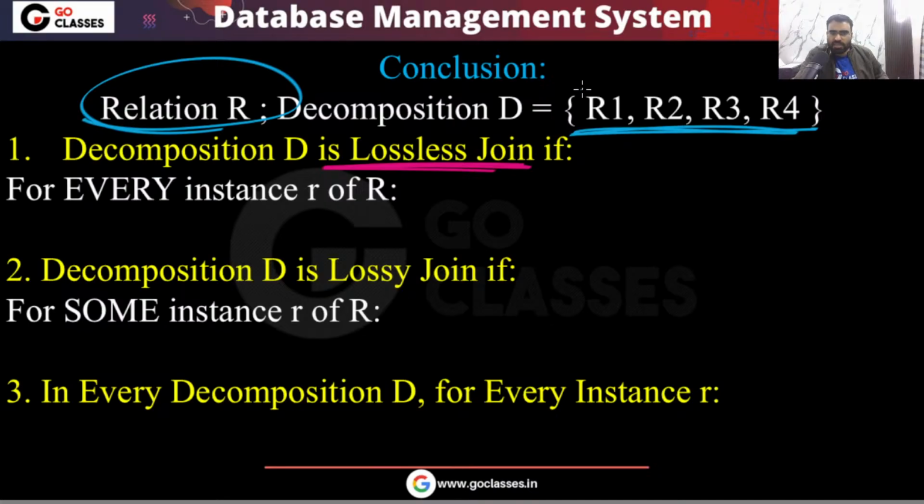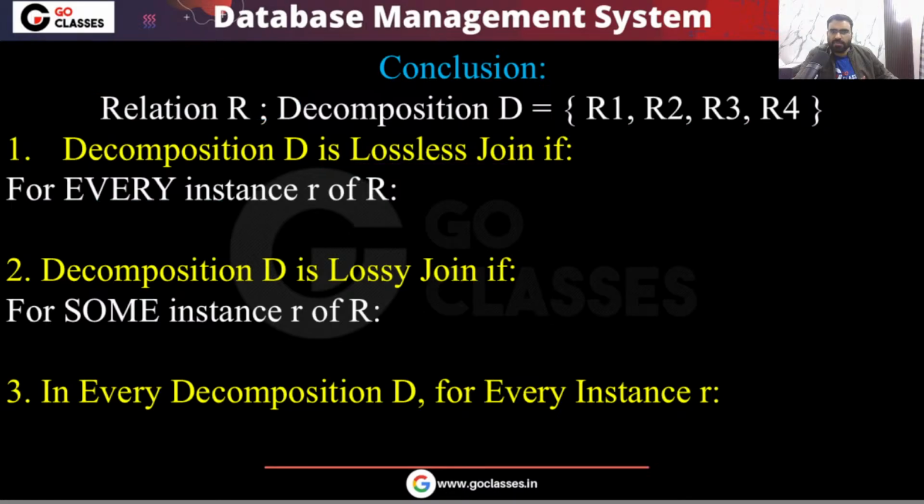This decomposition will be called lossless if for every instance of R, when we do the natural join of these sub relations, we must always get the original relation. Very simple.